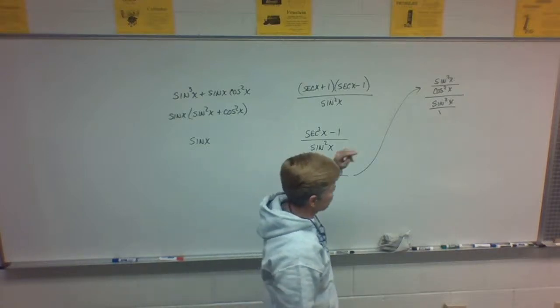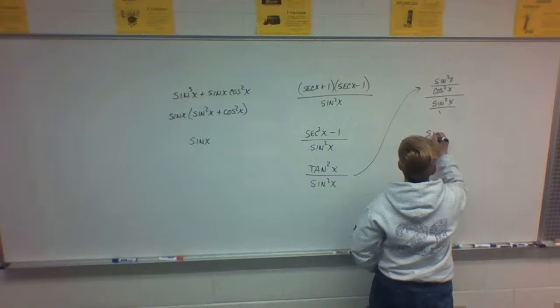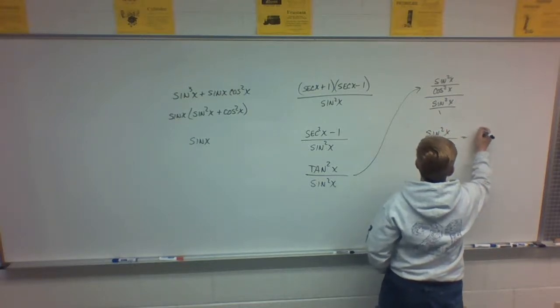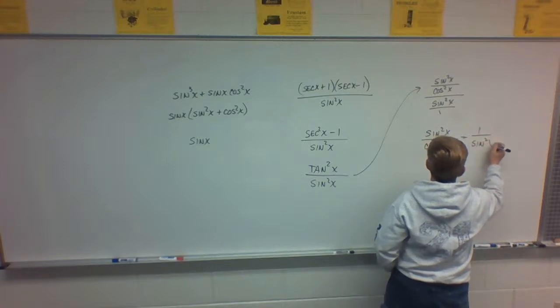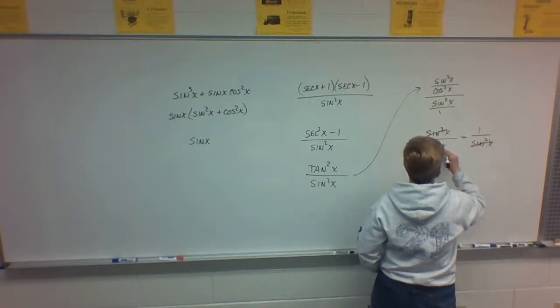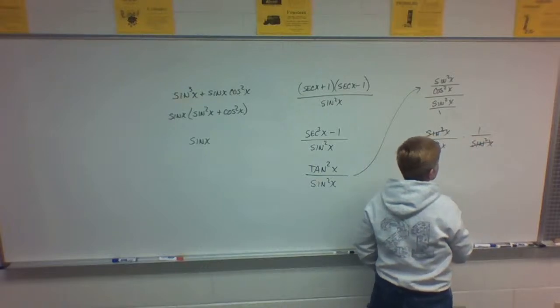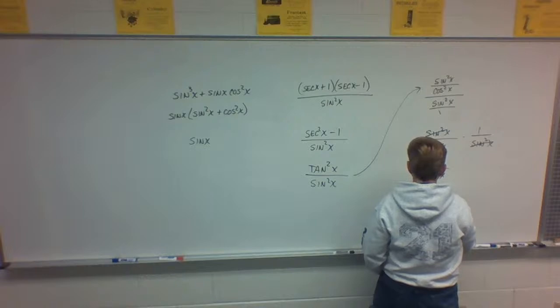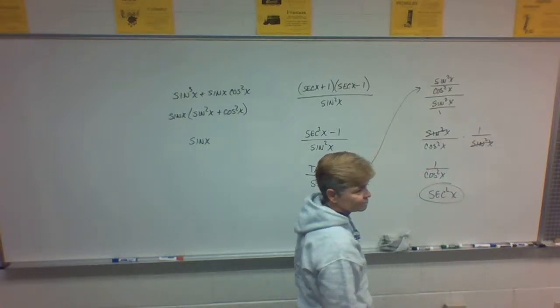To remind myself that I need to tip the other one up. So it's going to be sine squared over cosine squared times 1 over sine squared. I'm sorry, not equals, times. And I get to lose those in the canceling. And so I end up with 1 over cosine squared, but that is secant squared. I hate this so much.